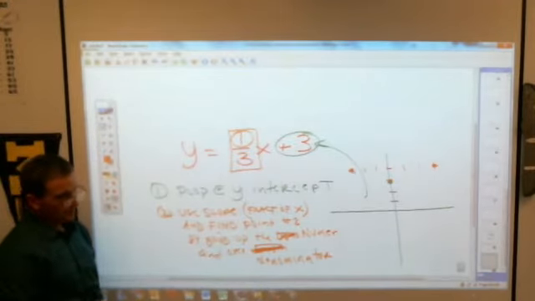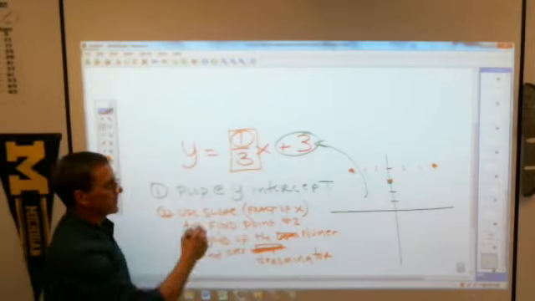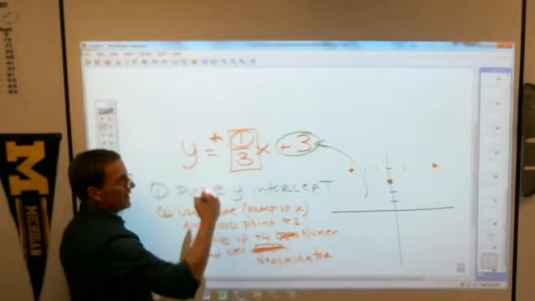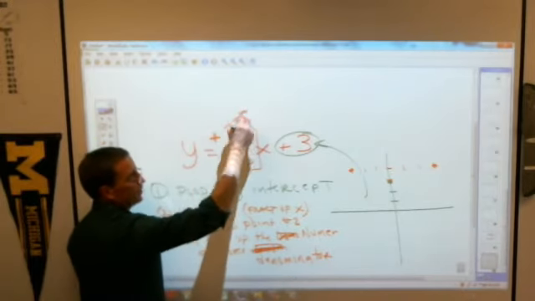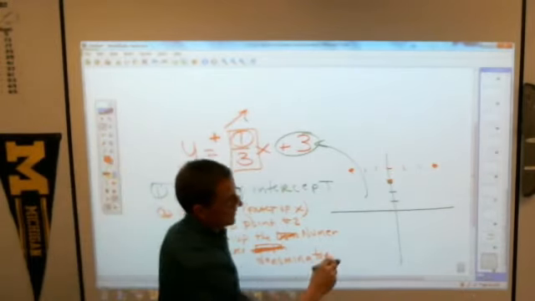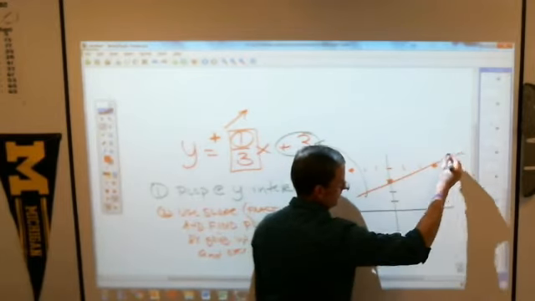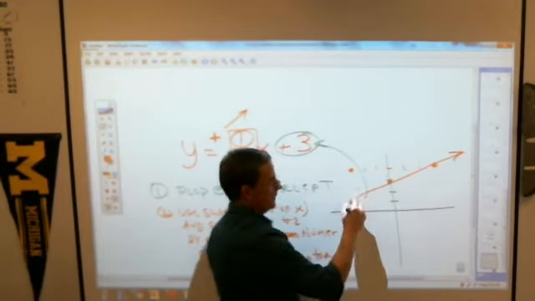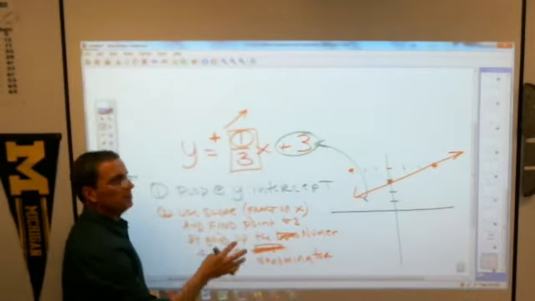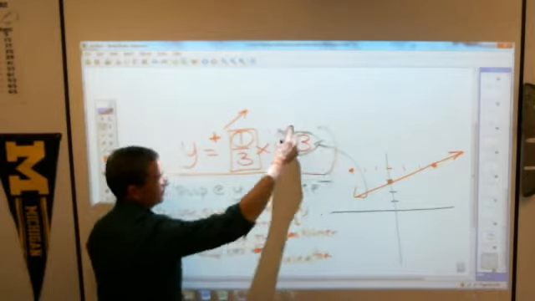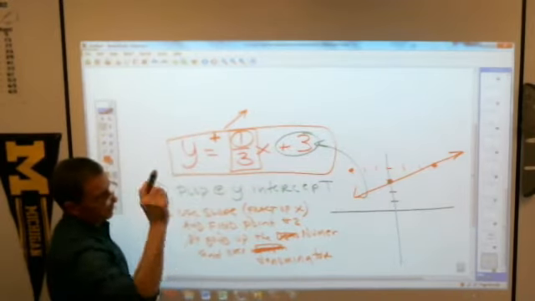Well, if it's positive, you want to go up and to the right, and if it's negative, you want to go down. Correct. Because this slope was positive, my little line has to go uphill from left to right. So I have to use this one, otherwise it's negative slope. So bam, there's my line. And that line is every possible answer that you could get from this equation. It goes on forever in both directions.